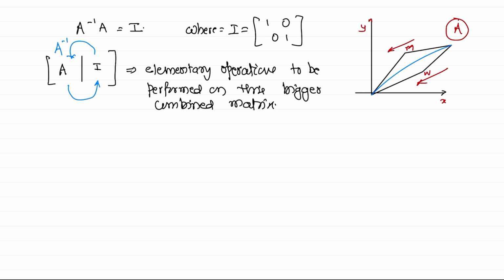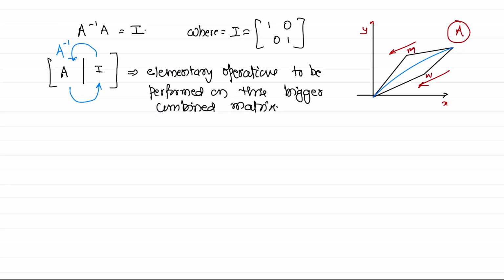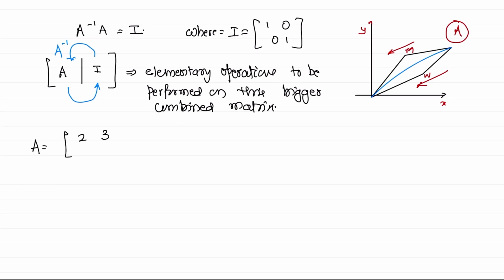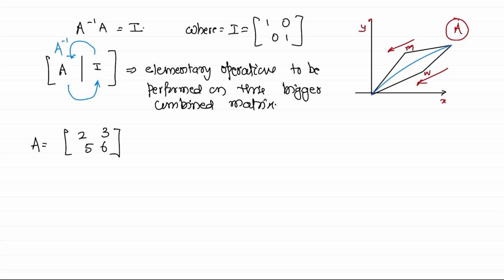Let's go through the process. Let me take A is equal to 2 3 5 6, a 2 by 2 matrix as taken in the previous example, and for a 2 by 2 matrix I is equal to 1 0 0 1, which implies the combined matrix will be 2 3 5 6 1 0 0 1.